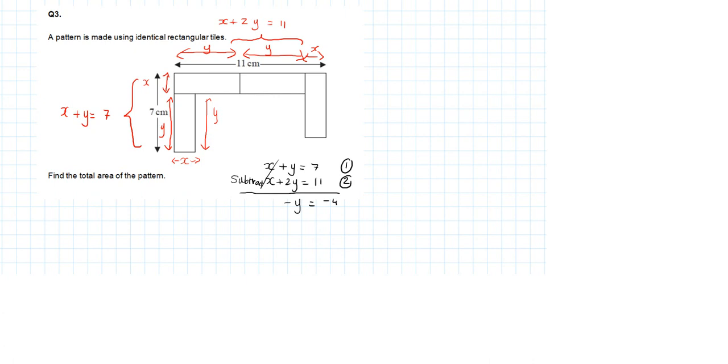So you divide both sides by minus 1, and y is 4. We substitute in, let's say x plus y is equal to 7, so x plus 4 equals 7, subtract 4, so x is equal to 3.